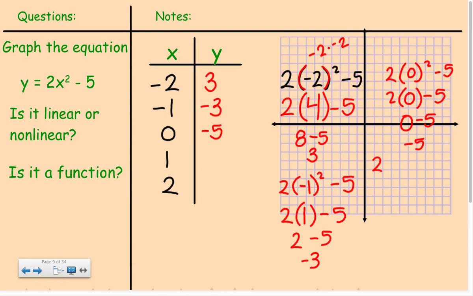And I'll do 2 times 1 squared minus 5. 1 squared is 1. 1 times 2 is 2. 2 minus 5 is -3. And lastly, 2. So 2 times 2 squared minus 5. 2 squared is 4. 4 times 2 is 8. 8 minus 5 is 3.